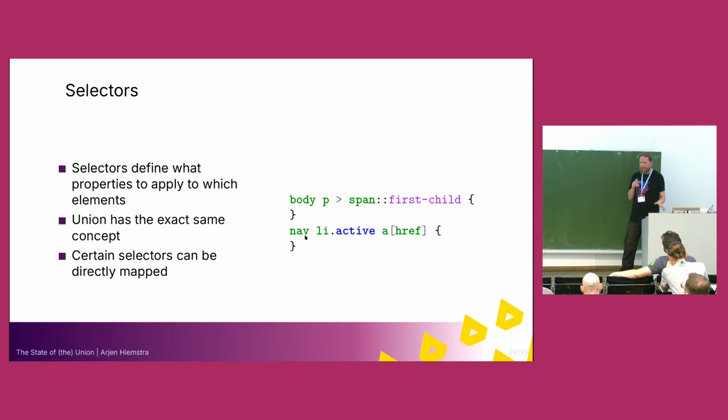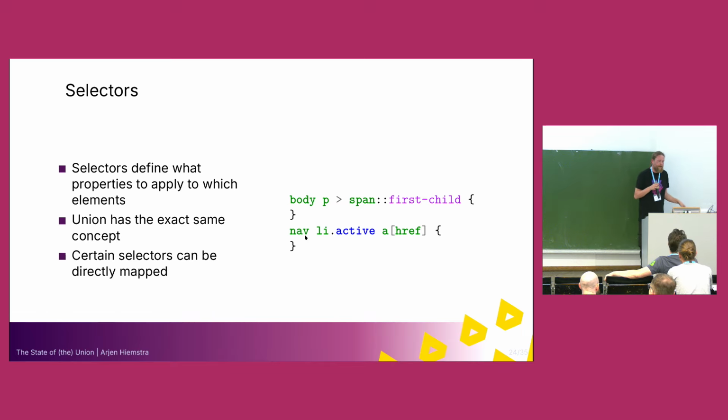So one very important concept in CSS is selectors. Selectors basically say, hey, this is a query to your application. If something matches this, you do something with that element. Me personally, I was hoping for using CSS for Union anyway, so I kind of stole this idea from CSS, because it's a concept that's very well applicable to what Union is trying to do.